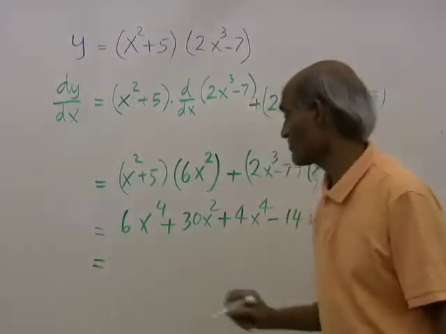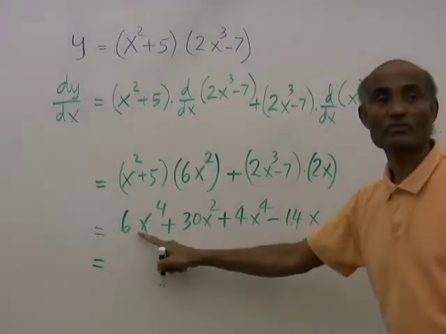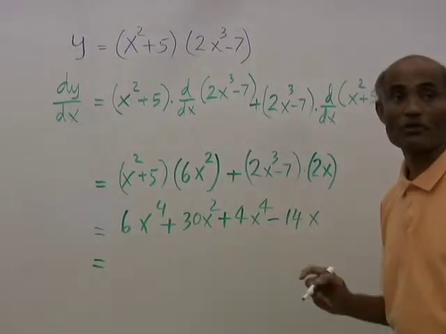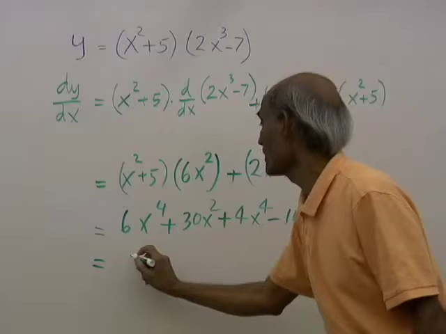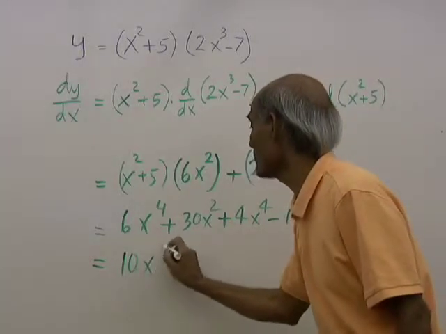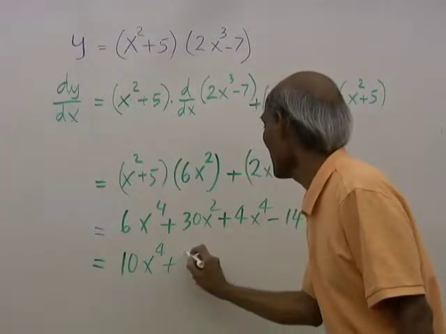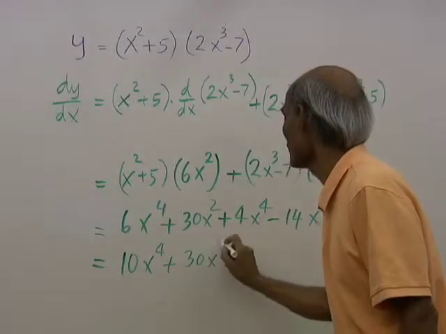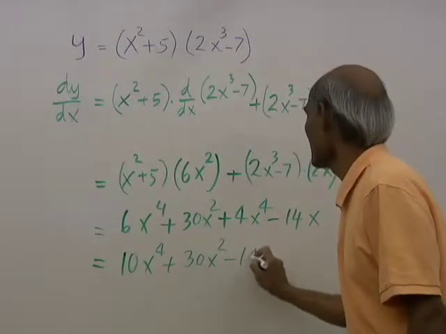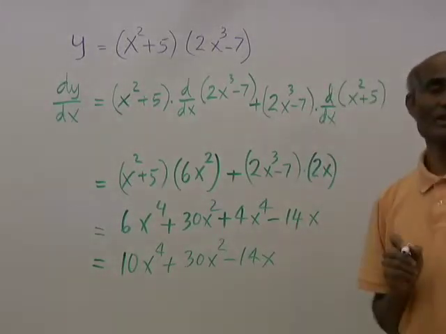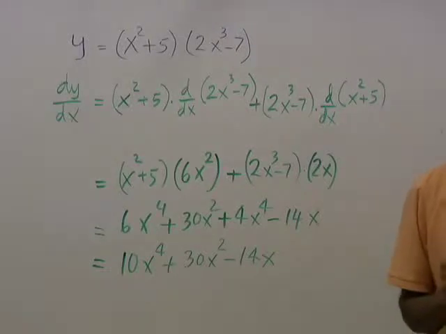One more step, is that right? 6x to the power of 4 plus 4x to the power of 4 gives you 10x to the power of 4 plus 30x squared minus 14x is our final result.